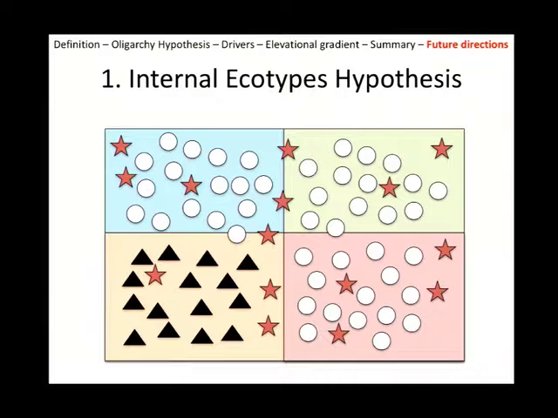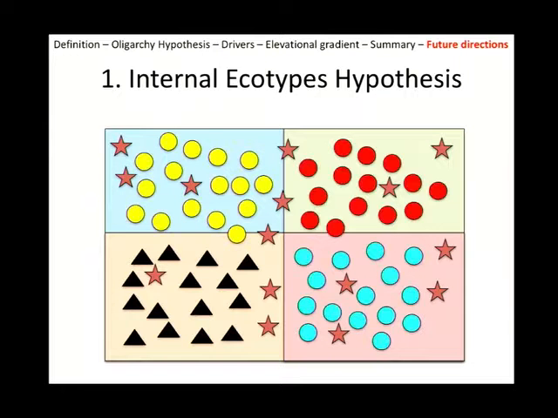They are ecological generalists, but they are not paying the cost of being a generalist. They have the advantages of the generalist species and the advantages of the specialist species. And what the internal ecotypes hypothesis tries to explain is how these species can do that.